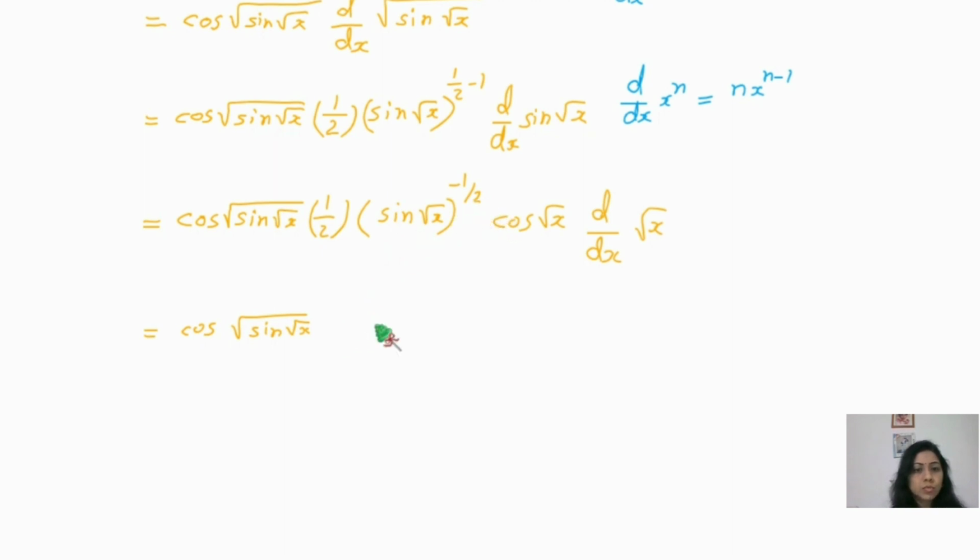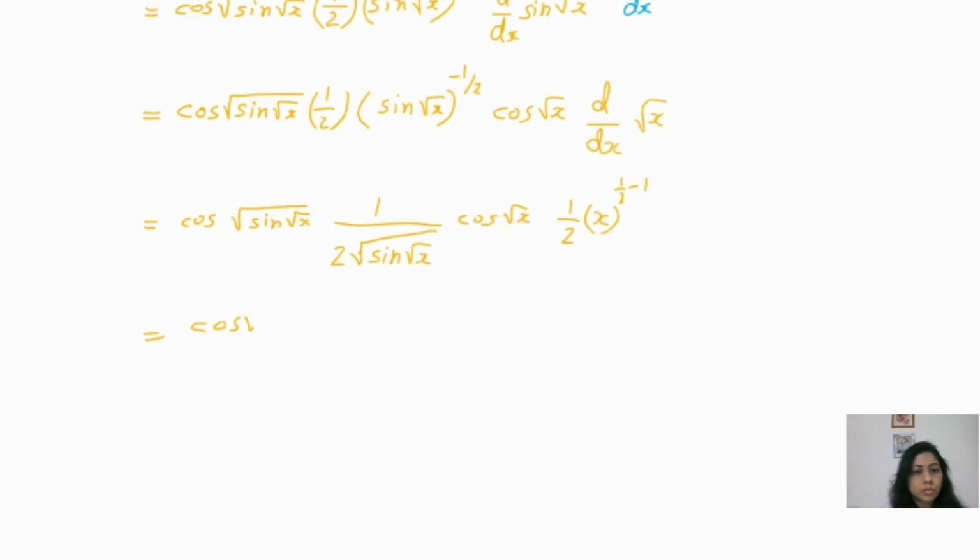So this is 1 upon 2 square root sine square root x cos square root x, and here we can apply this rule. Here x to the power is 1 upon 2, so n is 1 upon 2. So 1 upon 2 x to the power n minus 1, n value 1 upon 2 minus 1.